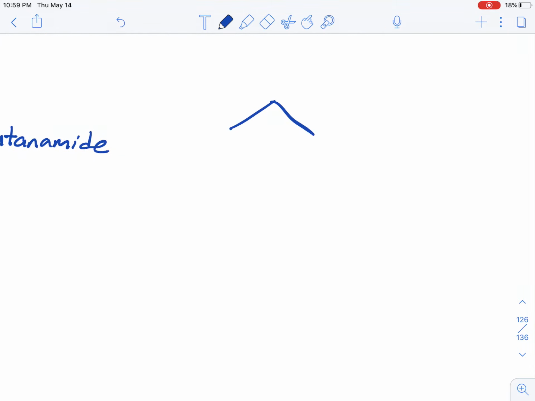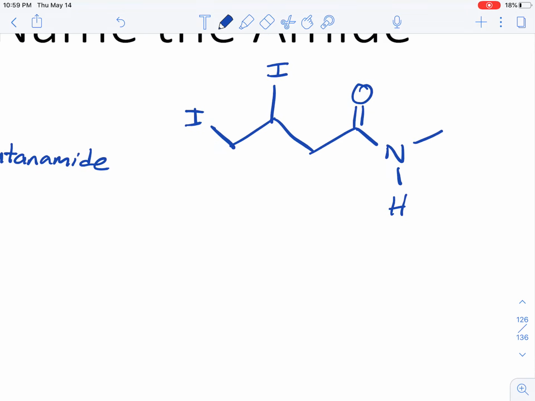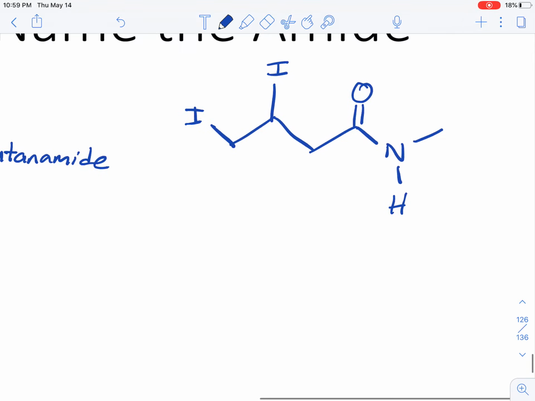So we have a 4-carbon compound. And let's just say that we have an iodine here. You know what? Let's just do 2 iodines. Let's go crazy. And so let's just say that we have two iodines on this carbon chain.